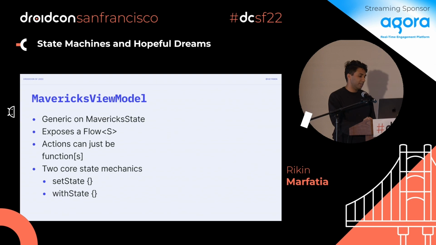And then the way that you do state updates or access state, it has two core state mechanics that I'll dive into. There's setState, which is the way to update state, and then there's withState, which is a way to access the current state.